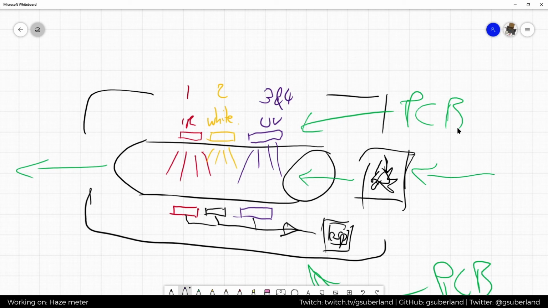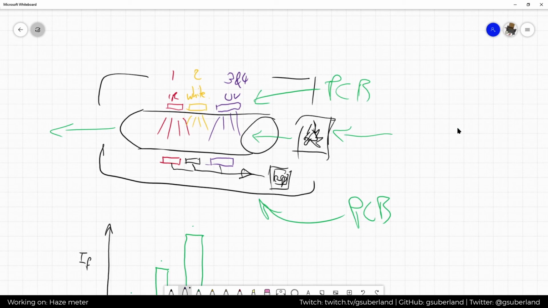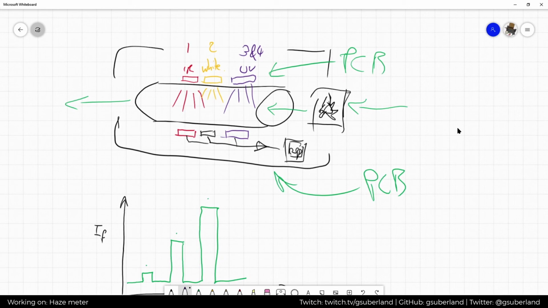Yeah, not bad at all. But yeah, so what this will do then is flash the IR, measure it, flash the white, measure it, flash the UVA, measure it, flash the UVB, measure it, and then that will give effectively a very crude spectrum with 4 wavelengths, or 4 spectra, I guess.